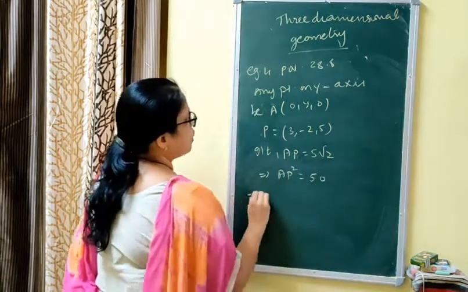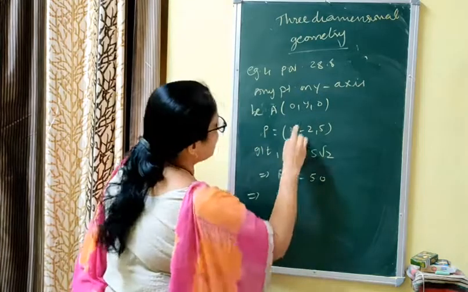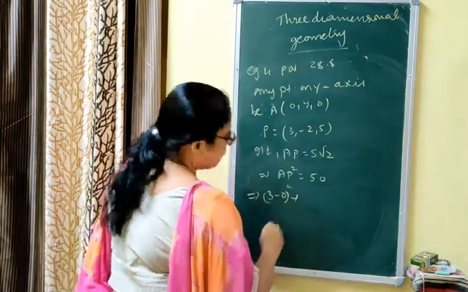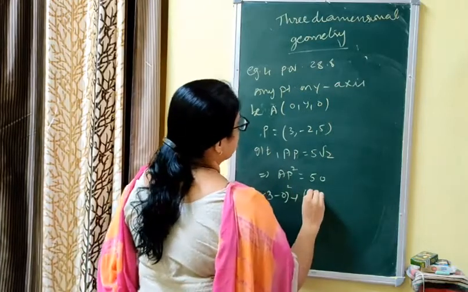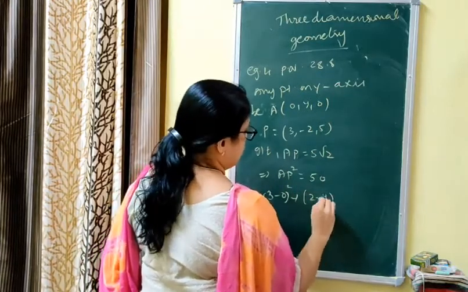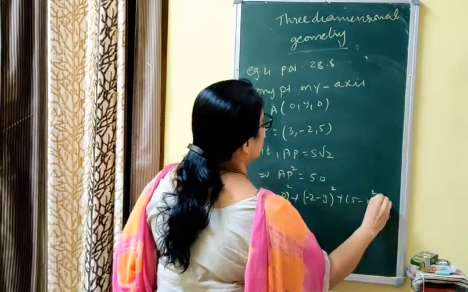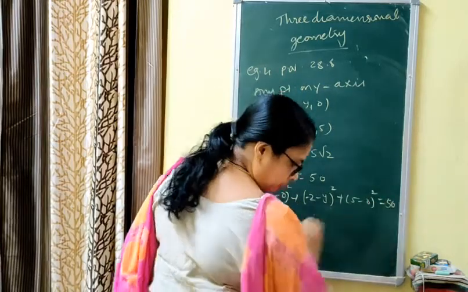That is, AP square is (3 minus 0) whole square plus (minus 2 minus y) whole square plus (5 minus 0) whole square is equal to 50.